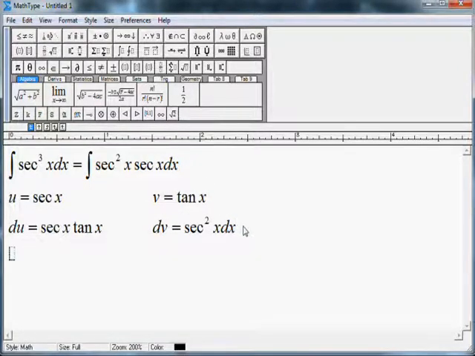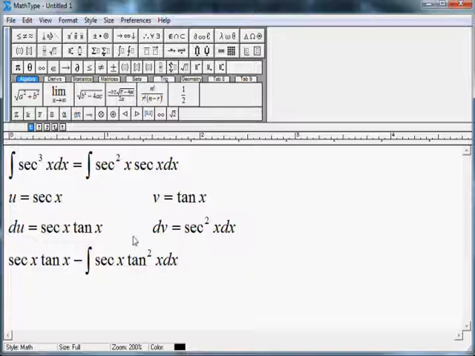Now we put it all together. We get u times v, which is secant x tangent x, minus the integral of v du, which is secant of x tangent squared of x dx. Okay, that's the first step.